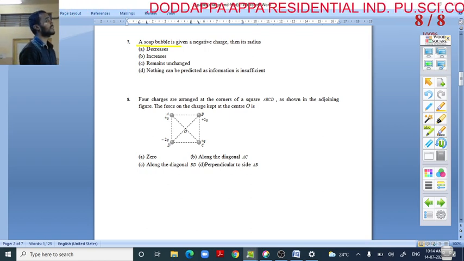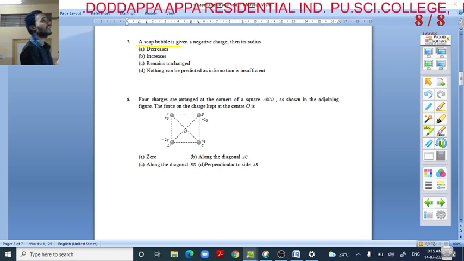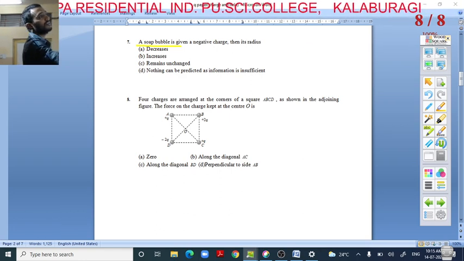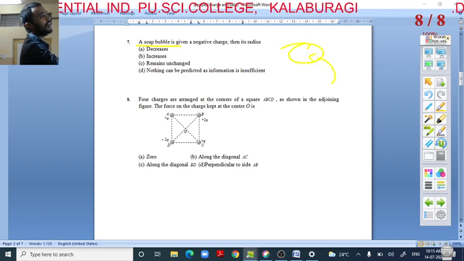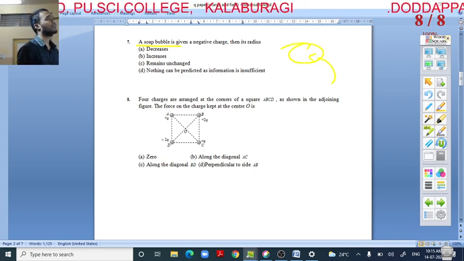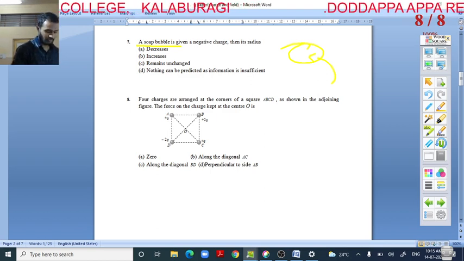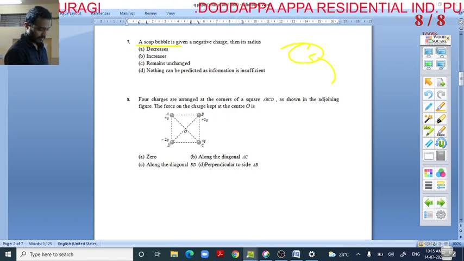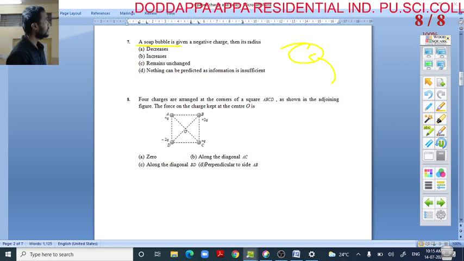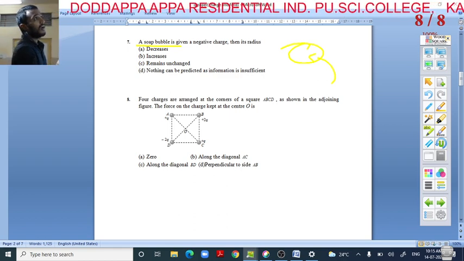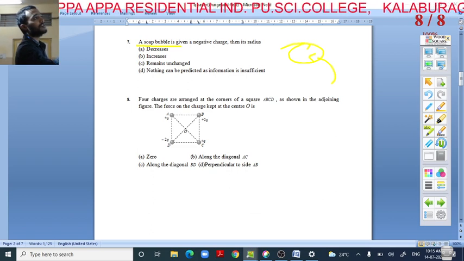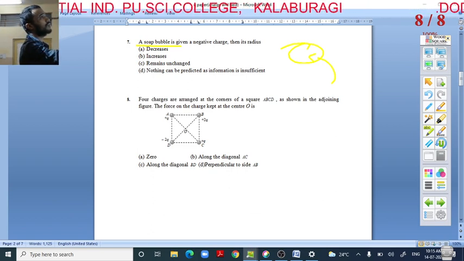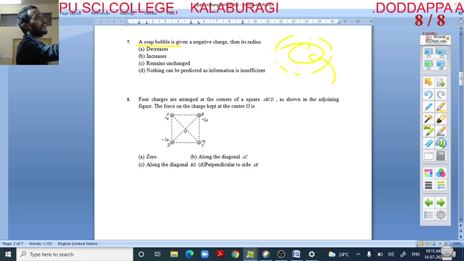You have to concentrate here. Say, a soap bubble is given a negative charge. If you are giving a negative charge to the soap bubble, due to the repulsion between the negative charges, the radius of the soap bubble increases.